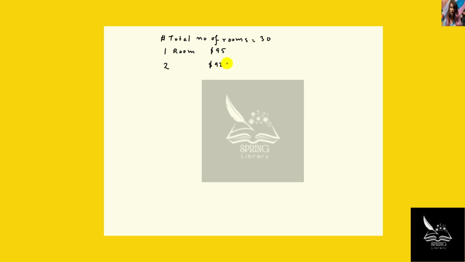$92 per room. In general, if we are renting out a block of n rooms, the price per room is 95 minus 3 times the number of additional rooms.